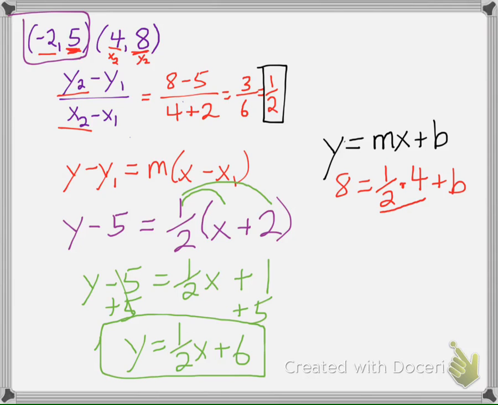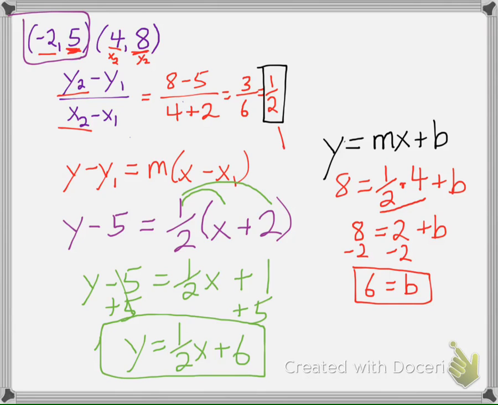Half of 4 is 2, so I get 8 equals 2 plus b. And now I'm going to solve. I want to find out what b is, so I'm going to subtract 2 from both sides, and I get 6 equals b. Now remember, be careful, that's not our final answer. That is just the y-intercept.